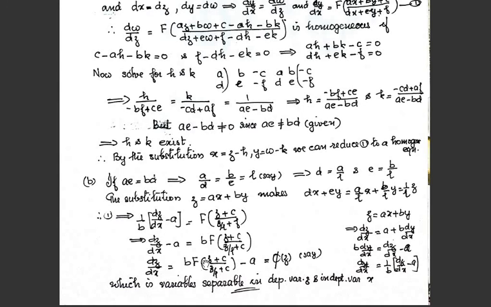Consider this function, (z plus c) by (z by L plus f). L is a constant, and c and f are constants.